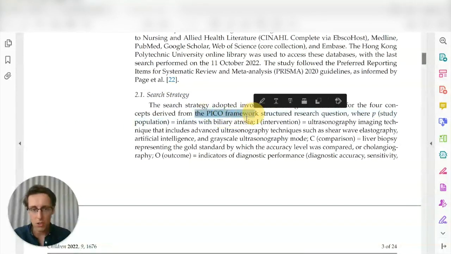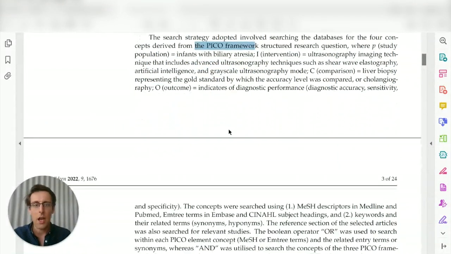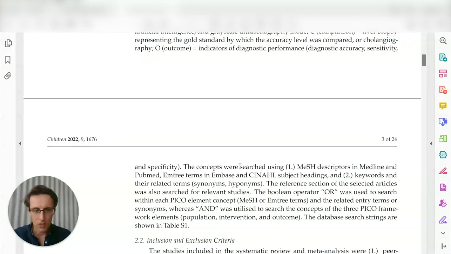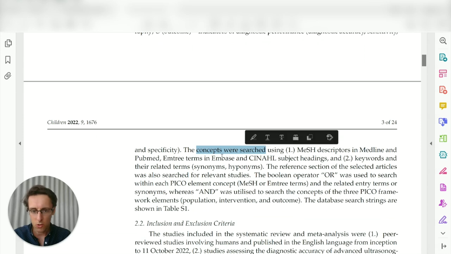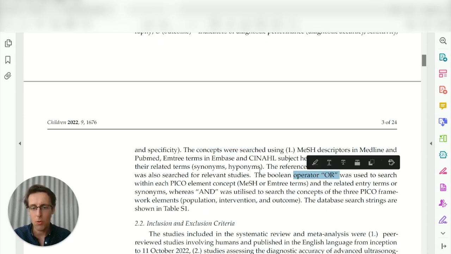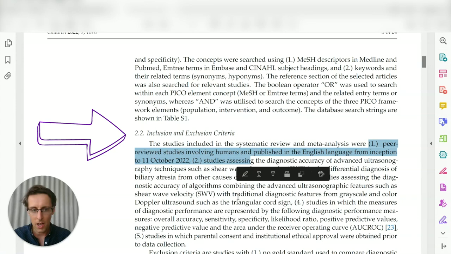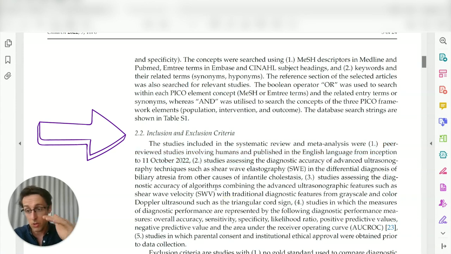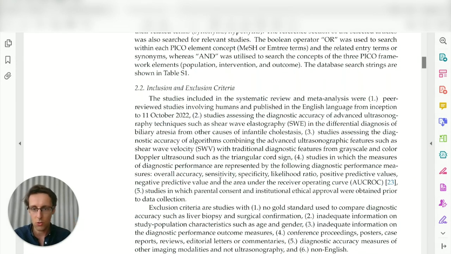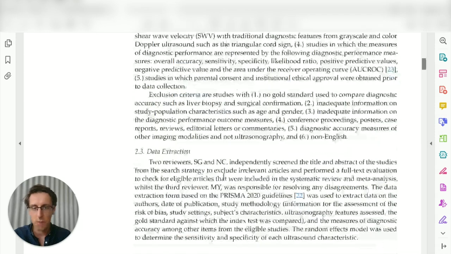Which framework you used for the search strategy, which databases you searched, right? Which search keywords or concepts did you use and how they were combined, what operators you used. Then in the next section you present the inclusion and exclusion criteria. It's good to have a numbered list here so the reader can clearly see what the inclusion and exclusion criteria are, right?